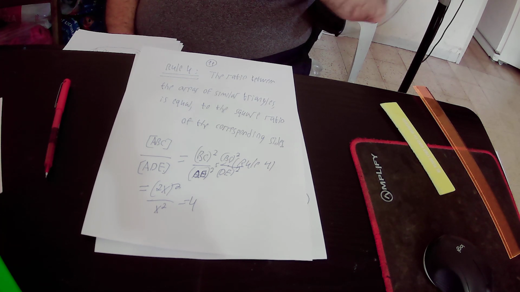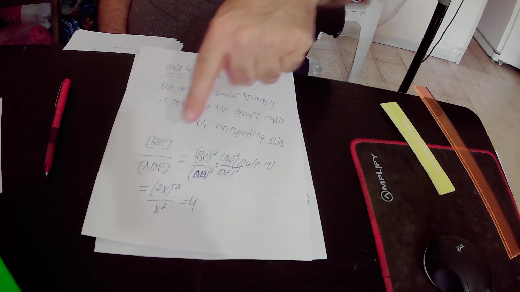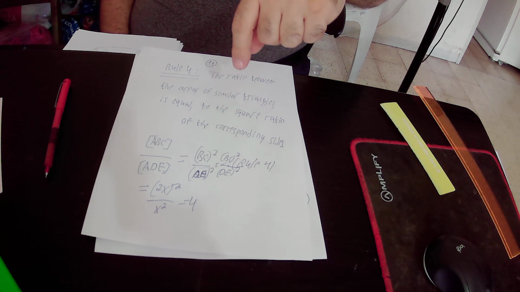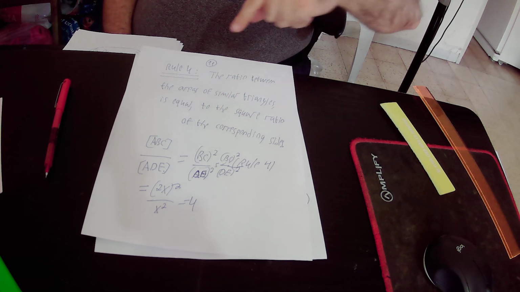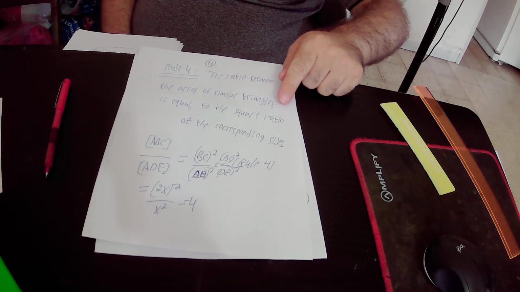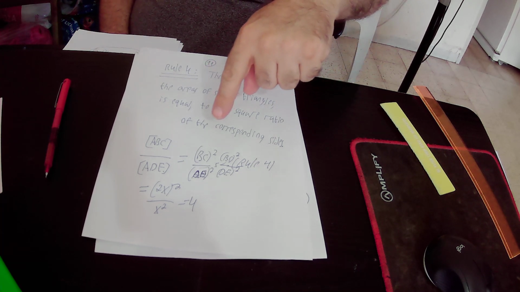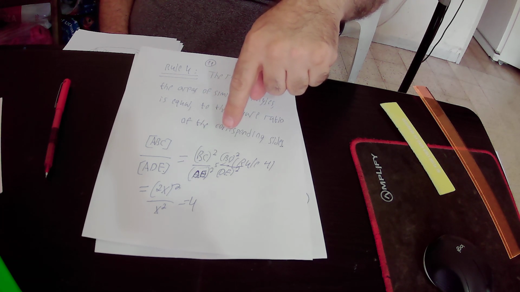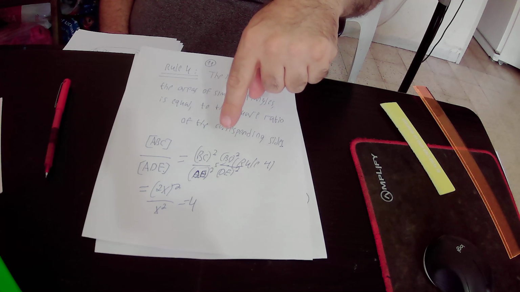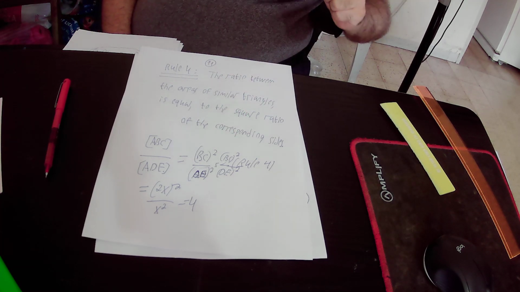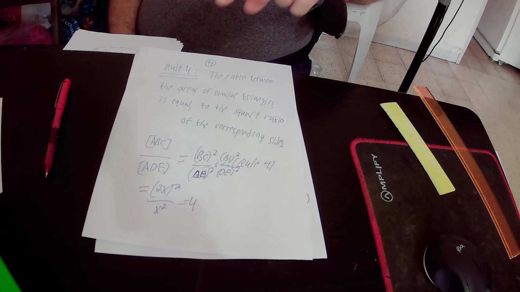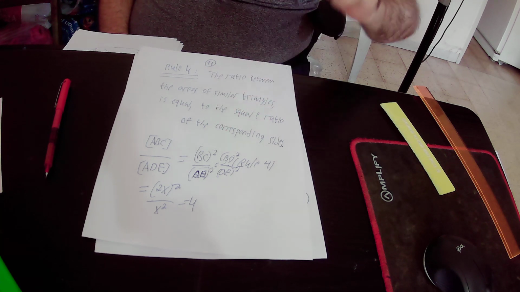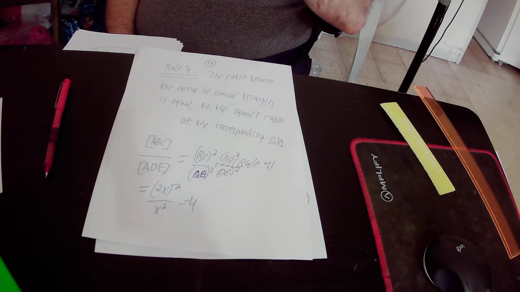So the area of triangle ABC over the area of triangle ADE equals BC squared over DE squared. That is the meaning of rule number 4.